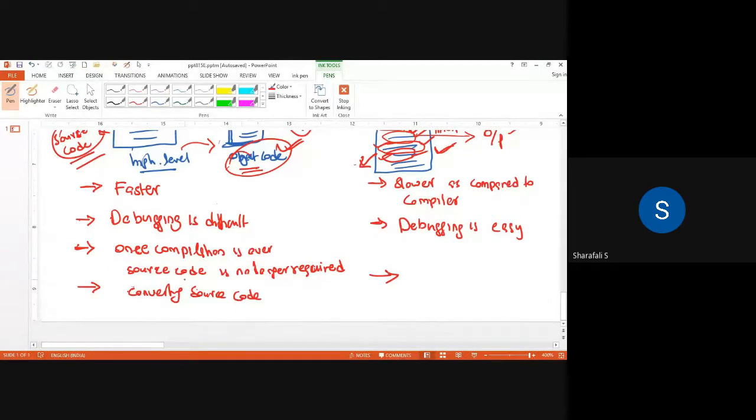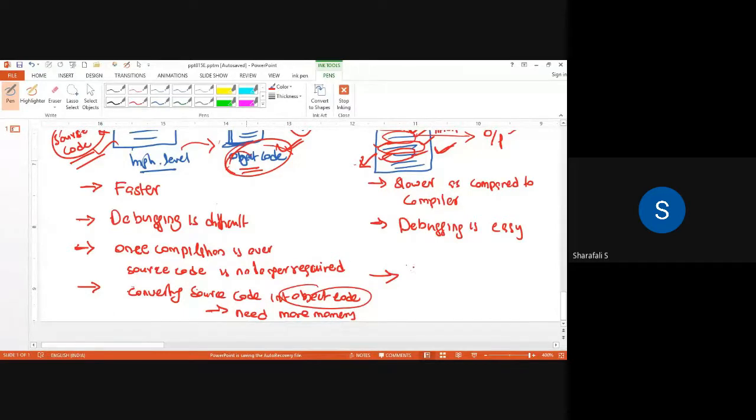Even though we do not require this source code, since we are converting this source code into object code, the compiler needs more memory, because we have this object code in memory also. At the time of this conversion, we have both this source code as well as object code in memory.